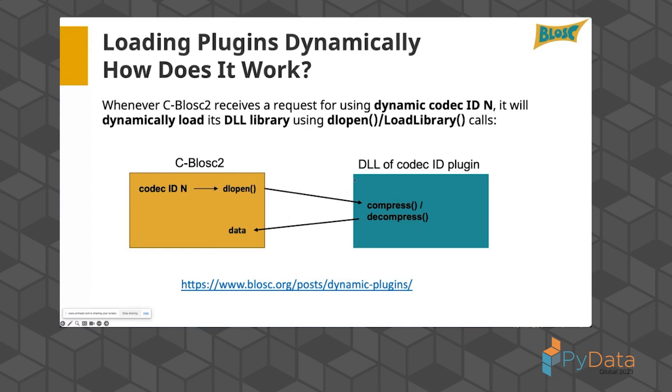And then whenever the user requires a codec or filter which has a different ID that is not inside C-Blosc2, it tries to use dlopen and load library in order to load the codec dynamically from the operating system. And then it uses the compress and decompress functions to do all the job.